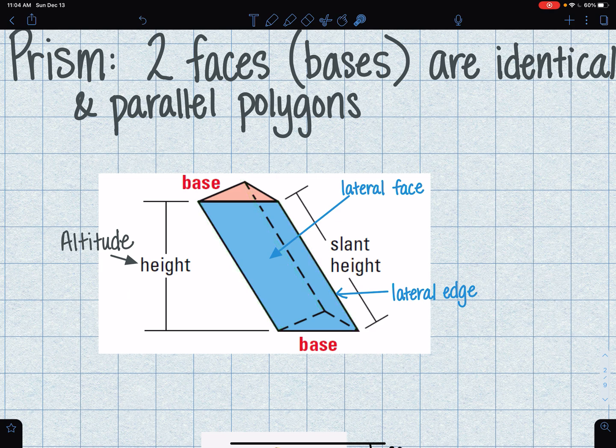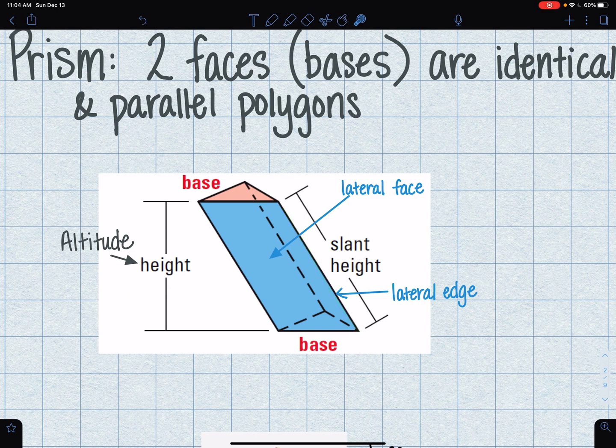I want you to notice that this is very different from the altitude or the height. Because this one is an oblique prism, the altitude or the height is different from the length of this lateral edge. So obviously that lateral edge is going to be longer.